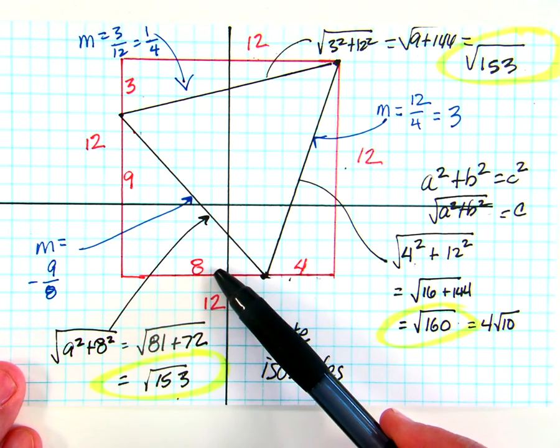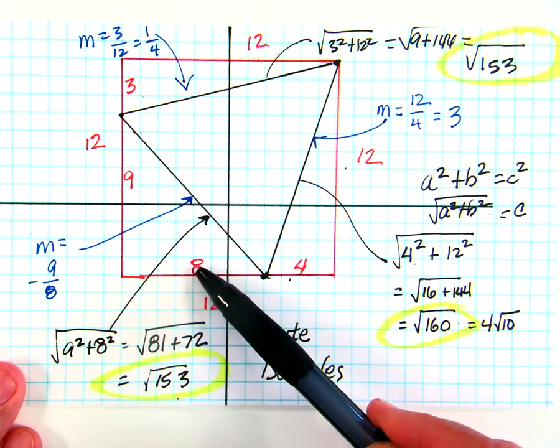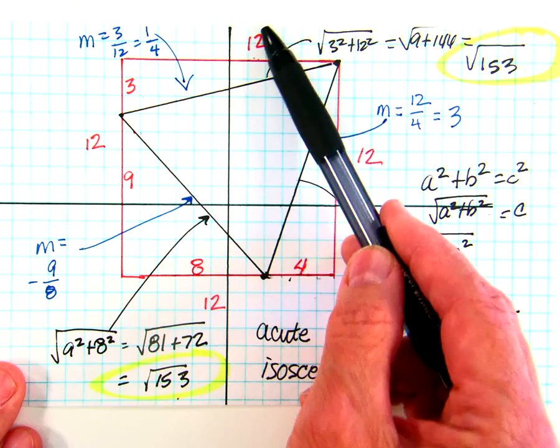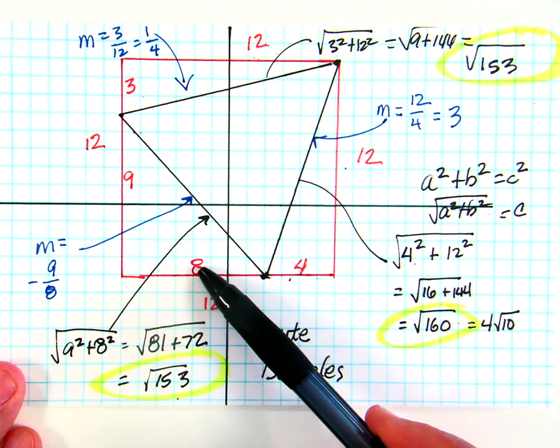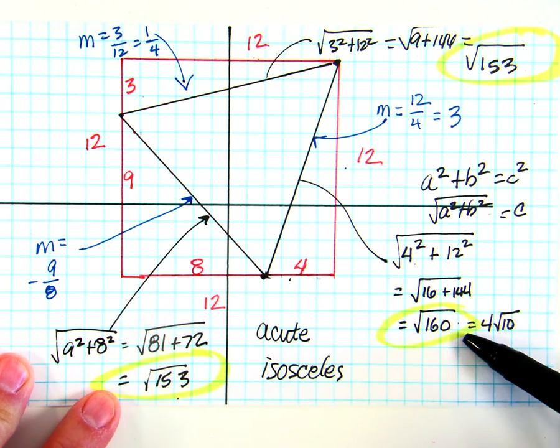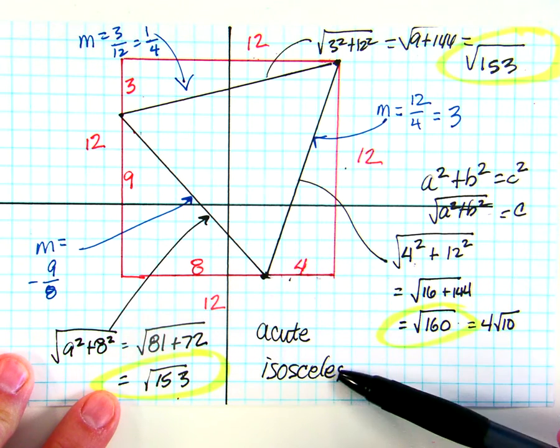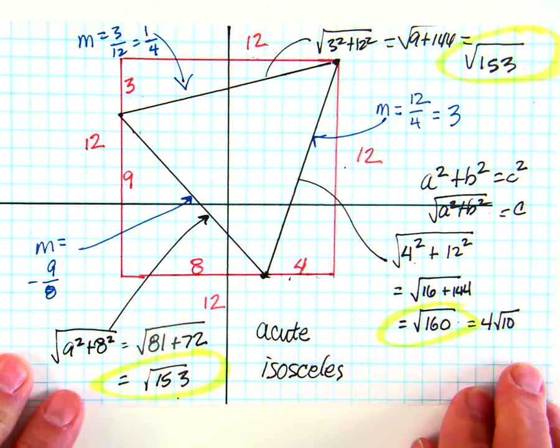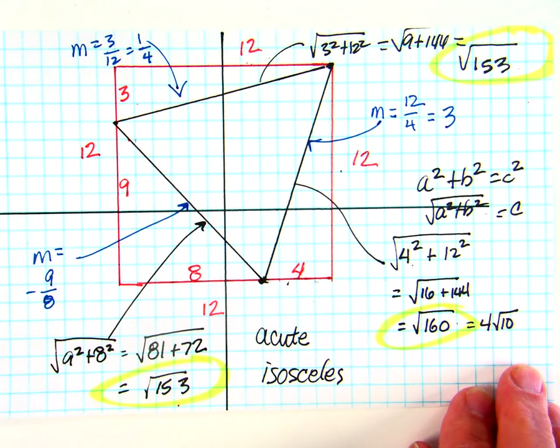Those have the same prime factors. If you spotted that, you would know what was going to happen once you did it: the prime factors are arranged differently between 3 and 12 than between 9 and 8, but they're the same factors. So you come up with a square root of 153 for each one of them. So this is acute isosceles. The other one's different, just a little bit. Maybe a little helpful hint to make sure you watch out for it.